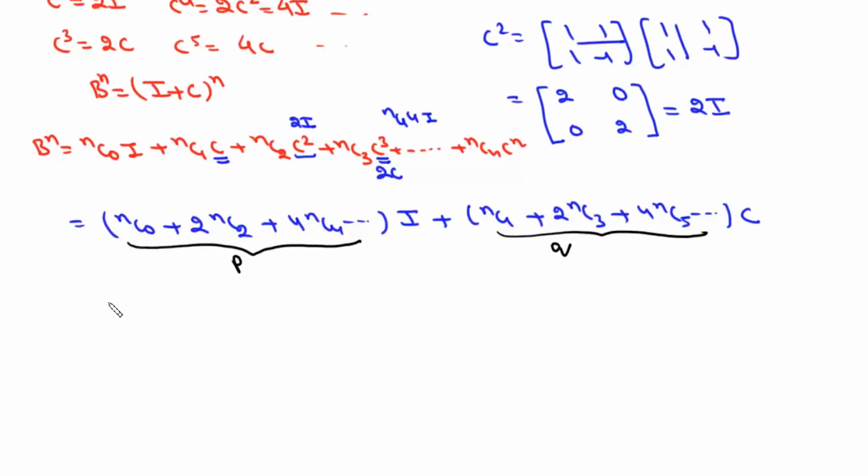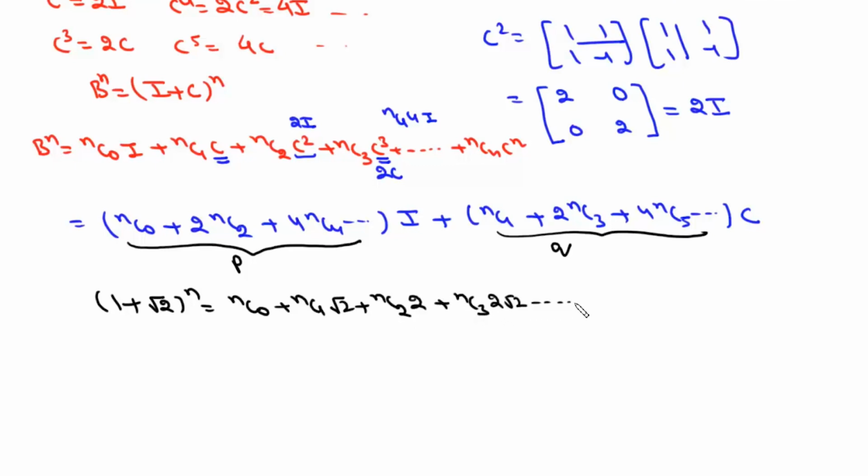Now we consider the expansion of (1 plus root 2) to the power n. It will be nC0 plus nC1 into root 2, nC2 into root 2 square, nC3 into 2 root 2.